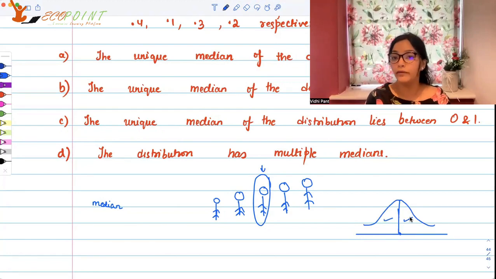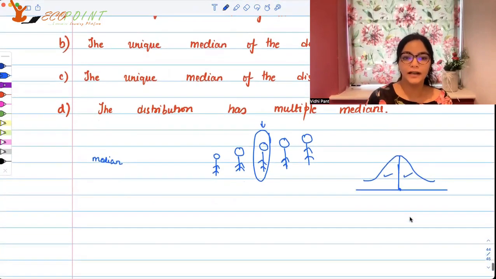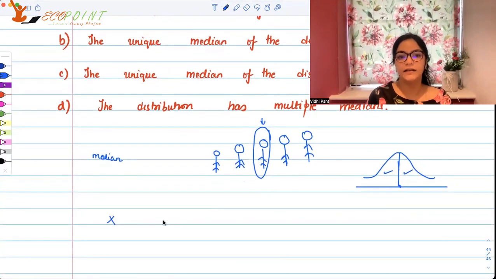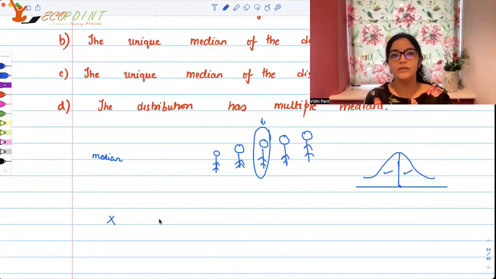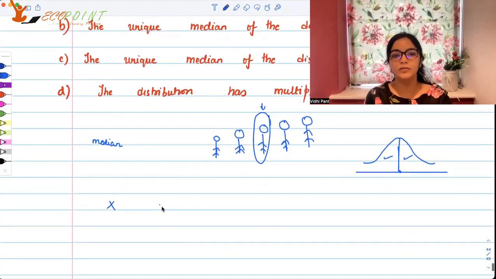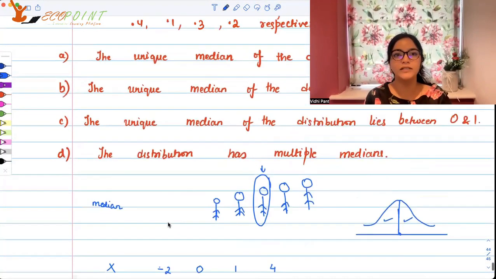So now what we have is a discrete random variable x, which is taking values -2, 0, 1, and 4. And it takes these values with certain probabilities.